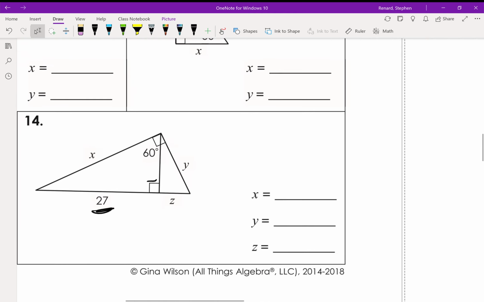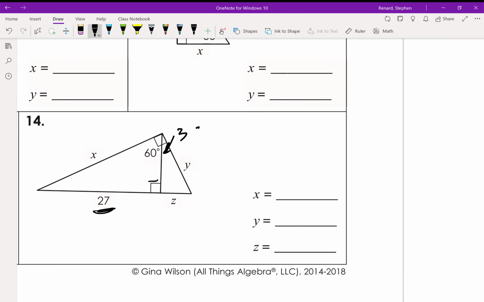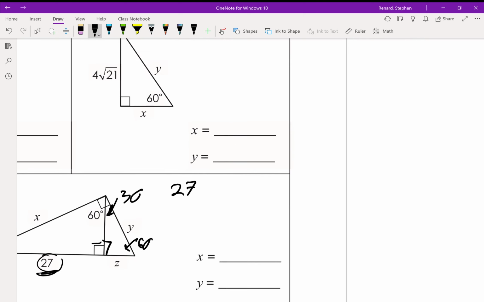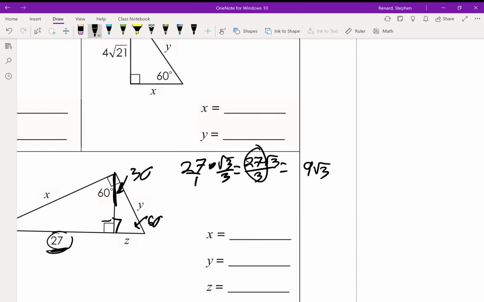So that means this right here is a 30-degree angle, this is 90, and this is 60. This 27 right here is a long leg. So we take our long leg and multiply it by the square root of 3 over 3, put it over 1, so we get 27 radical 3 over 3, and 27 divided by 3 equals 9. That means the short leg of this triangle is 9 radical 3.